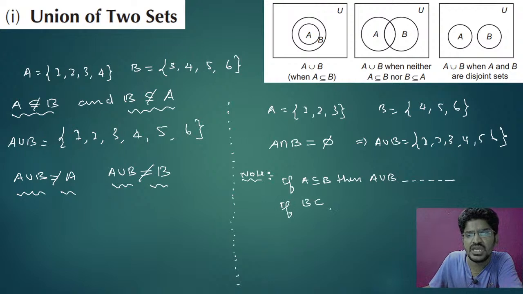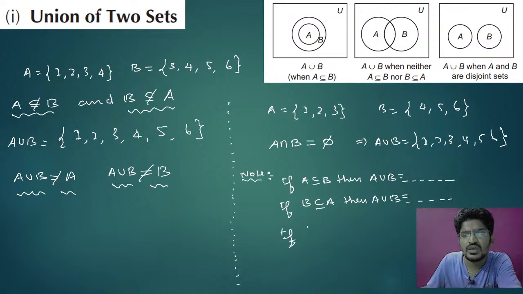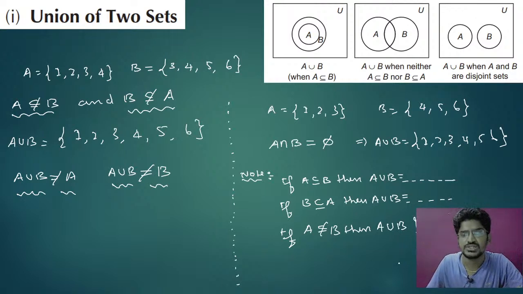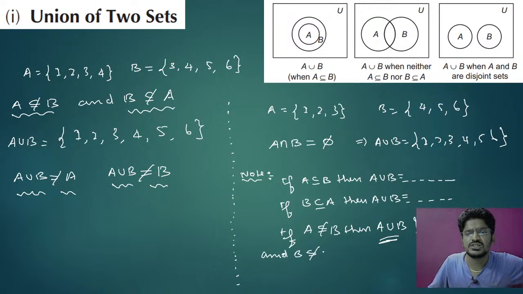If B is a subset of A, then A union B is dash. Equal to, you can write, no problem. If A is not a subset of B, then A union B is what? Here you have to write the questions and answers. Clear? So I think you can fill in the blanks which I have left, and you can also write what will happen for A union B if A is not a subset of B and B is not a subset of A. Clear?